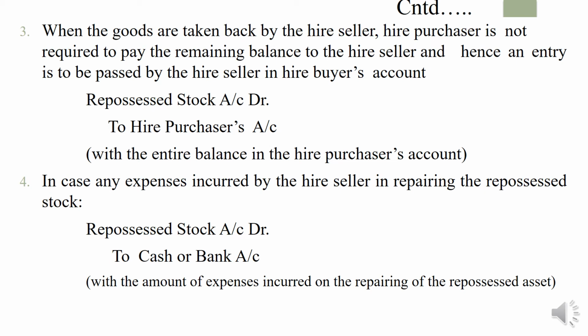The journal entry goes like this: Repossessed Stock Account Debit to Cash or Bank Account. Here the amount of expenses incurred in repairing the repossessed asset is written in front of the repossessed stock and cash accounts.